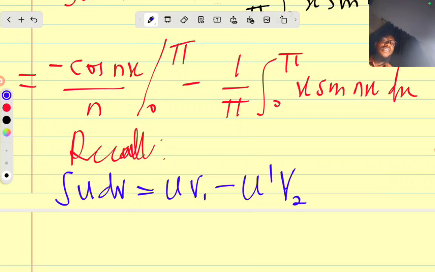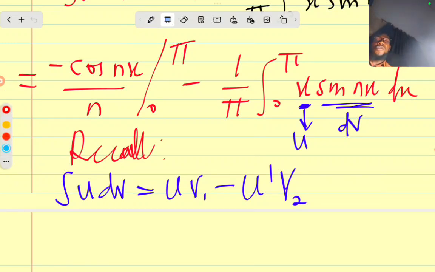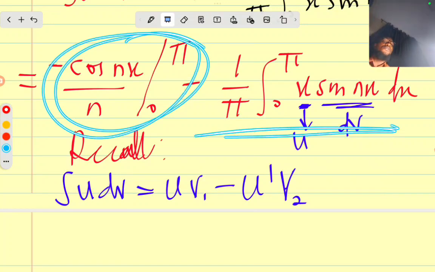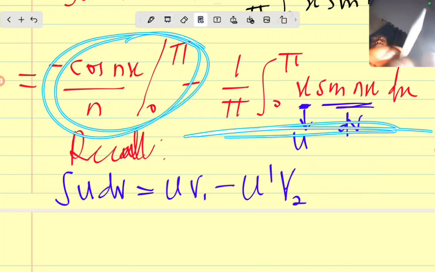And if you look at this place, this serves as our u, and this one serves as our dv. This is our u. So now let me substitute the limit of this one. We should still keep this one aside and try to solve for this part. So let's move, guys.